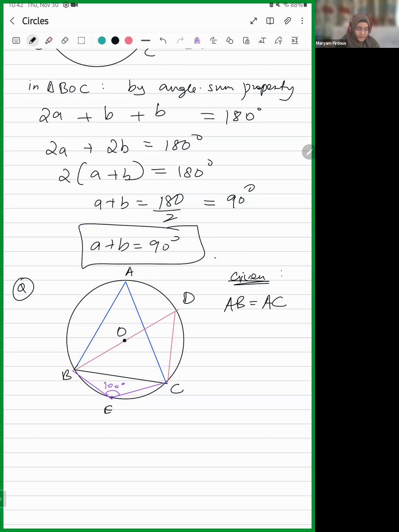And find the values of X and Y. So this is Y and this is X. Let me give you a hint. Ignore the pink part, okay? If AB equals AC, then what can you say about this angle ABC?